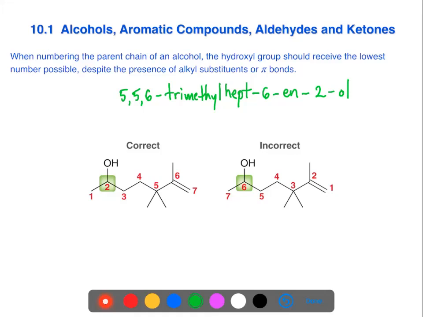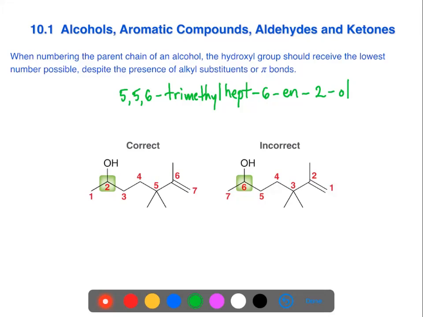Now you have a little bit of leeway with respect to the locant 6 in this name. You could refer to this structure as a 5,5,6-trimethyl-6-heptene-2-ol. But what I've done is I've included the locant just before the suffix for which it represents. So carbon 6 is the first carbon of the alkene, and so I place it before the letters en to represent the alkene functional group.